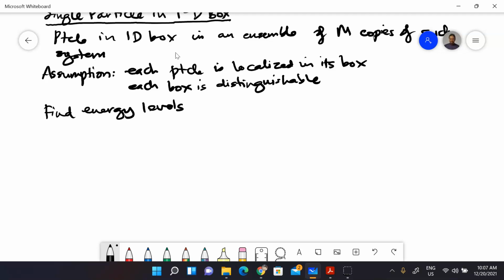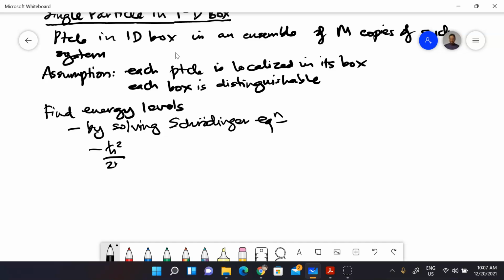Essentially this is by solving a Schrödinger equation. Just in case you forget, I'm going to write it down.